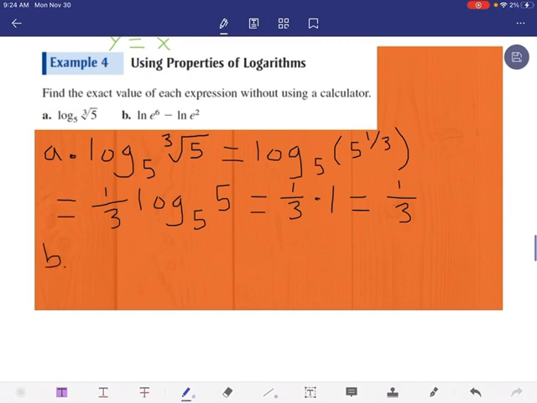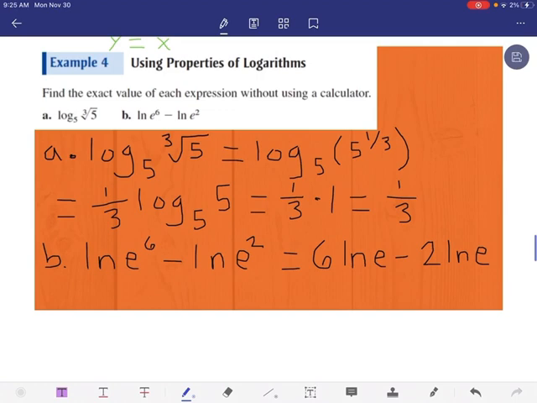So then on part B, notice that we have the natural log of e to the 6th minus the natural log of e squared. Again, using that exponent property, I'm going to bring my 6 and my 2 to the front.